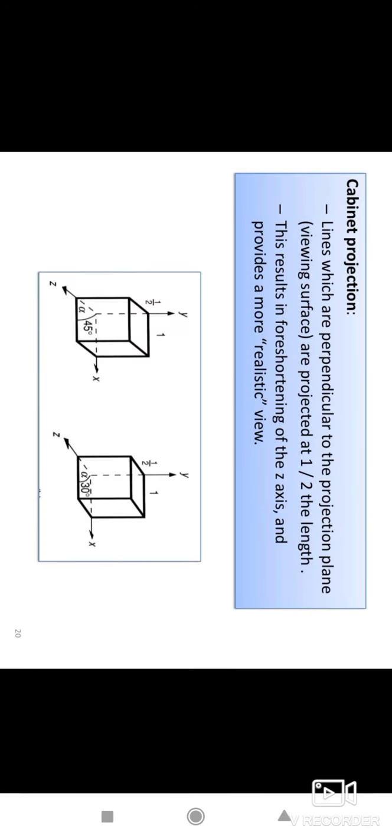This cabinet projection appears more realistic than Cavalier projection because of this reduction in the length of perpendiculars. As a result, it gives a more realistic view.